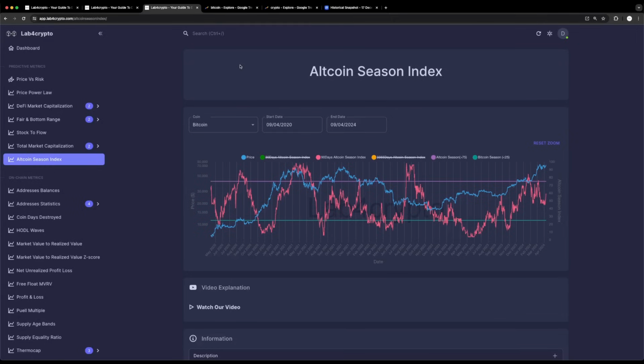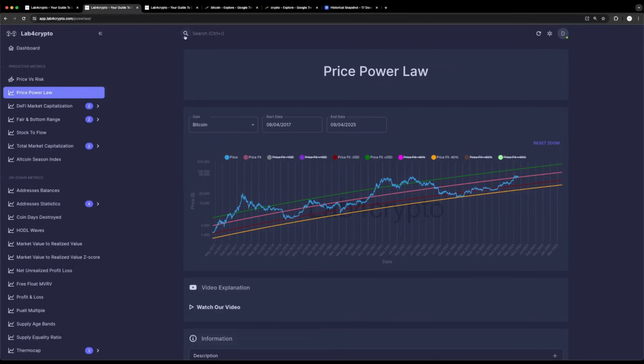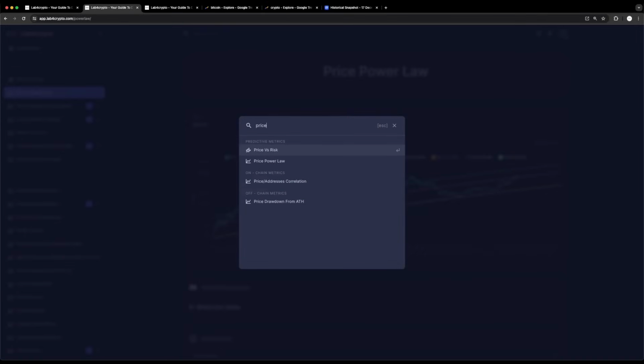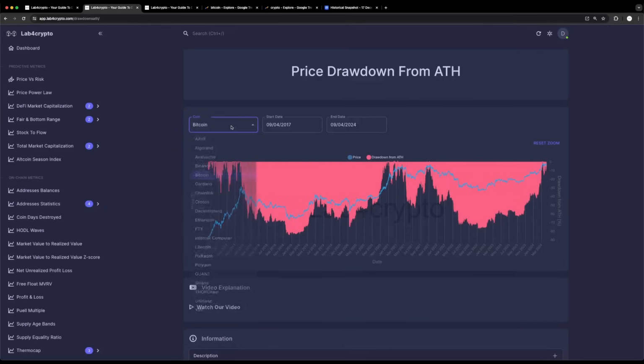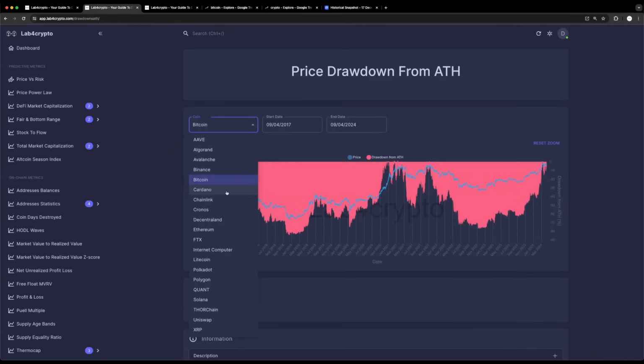And if you're planning to hold them, they can have a 99% drop. As I show you, let's pick one. Let's pick Avalanche.